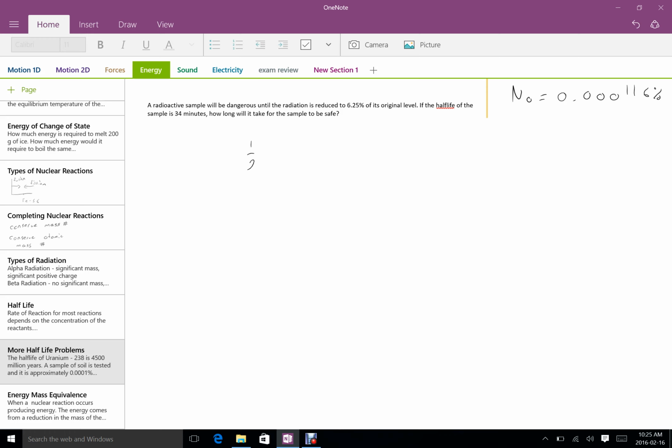So let's say, for example, that we want to get to 6.25% of our original amount. So we want our current amount to be 6.25% of our original amount. To make the math easy here, I'm just going to say my original amount was 100%.